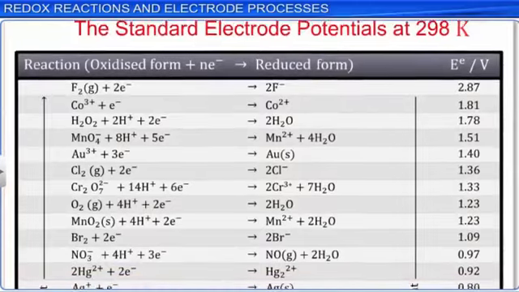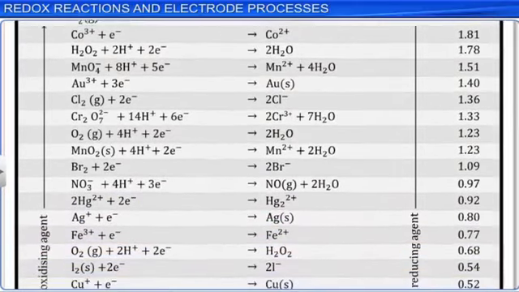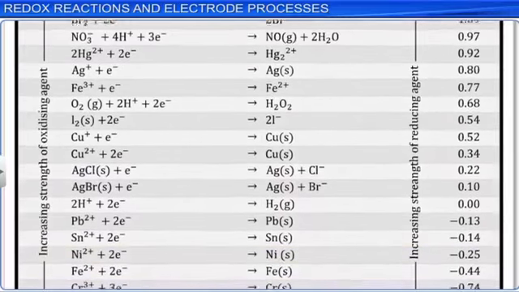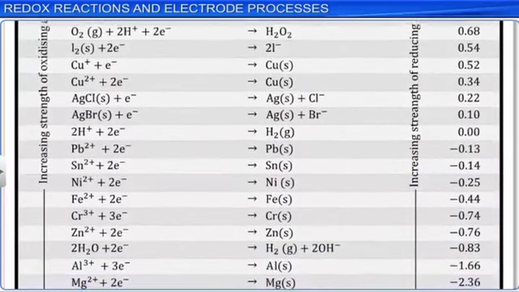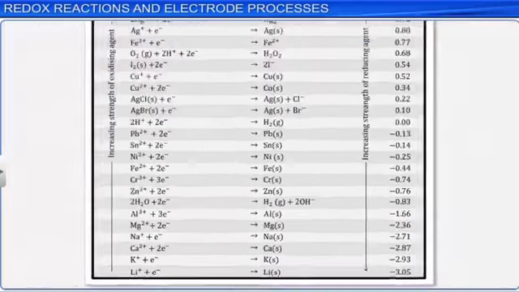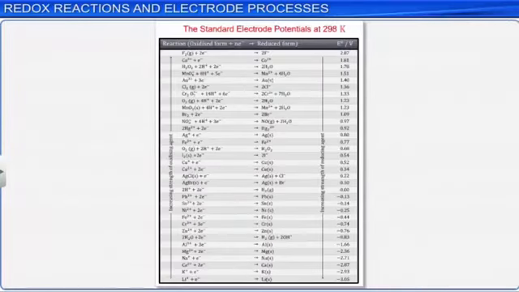Chemists have created a table that lists the tendency of various substances to lose electrons in a galvanic cell. Note that the values of standard electrode potentials are relative to the standard hydrogen electrode. A metal with a higher standard reduction potential can be easily reduced and hence is a better oxidizing agent.